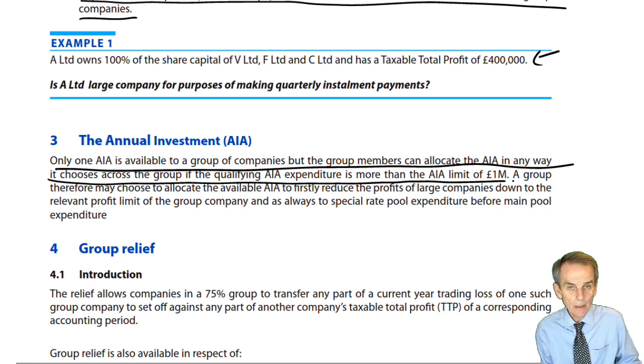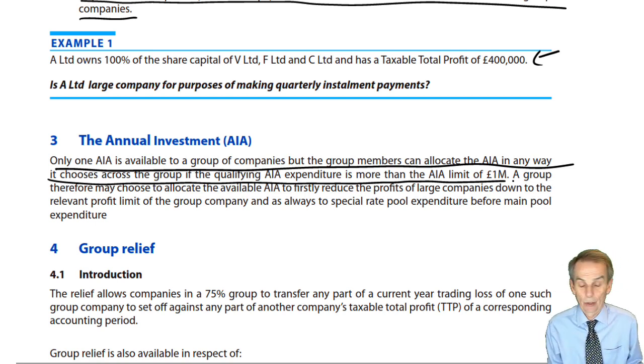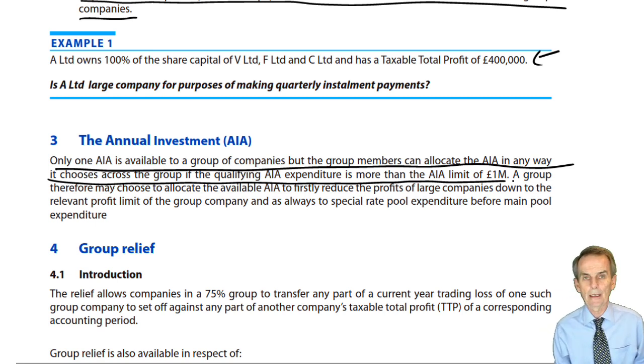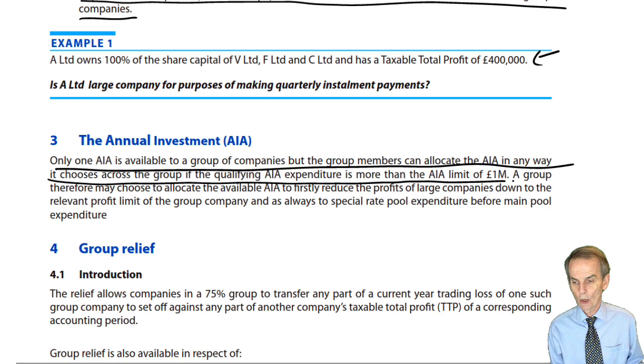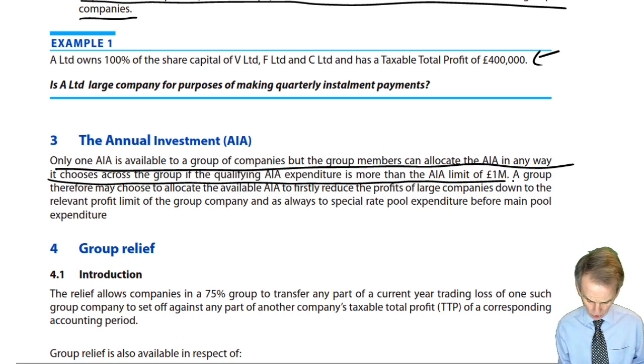Now, if the total expenditure of all companies do not exceed 1 million, we don't have a problem. Every penny that the group has spent in terms of qualifying expenditure for AIA will benefit from AIA. It's only an issue if that total spend exceeds that £1 million limit. There you get to choose.